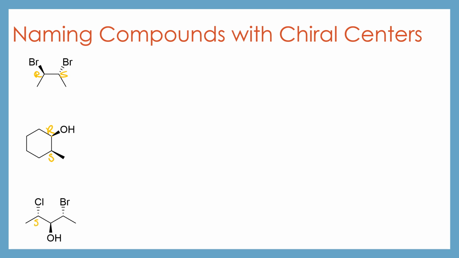S. Okay. Next one, I have high priority, low priority, and then bromine is higher priority than chlorine. So 1 to 2 to 3, that's S. And I'm going to keep my designation as is because my low priority is going away from us.